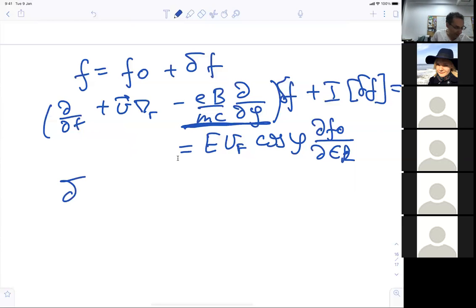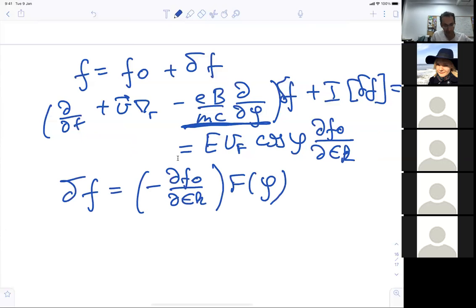The same ansatz as many times before: minus df0 with respect to d epsilon k times some unknown function that contains angular dependence.